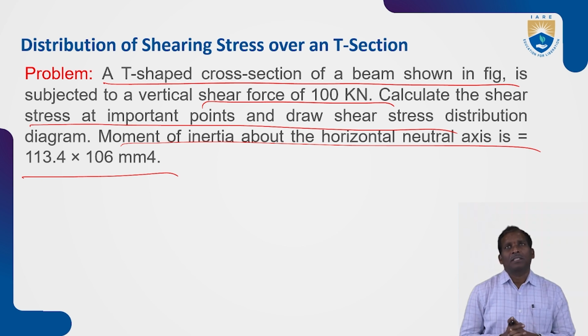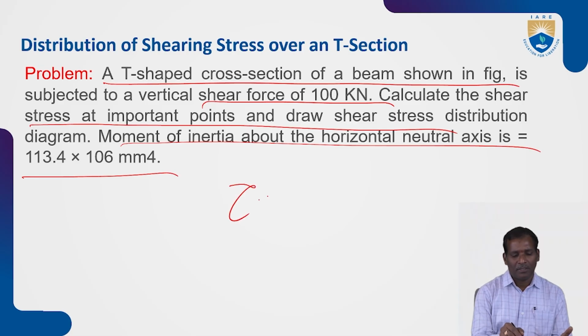So for this T section, whatever you followed in the I section procedure, calculate the shear stress at important points of the T section using V A y bar by I into b.